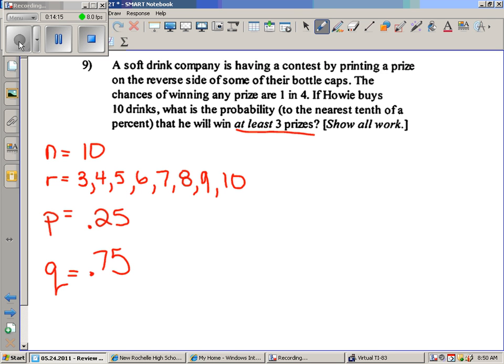The real short way is to subtract away, is to do 1 minus, right? You know what? I'm going to need way more room.